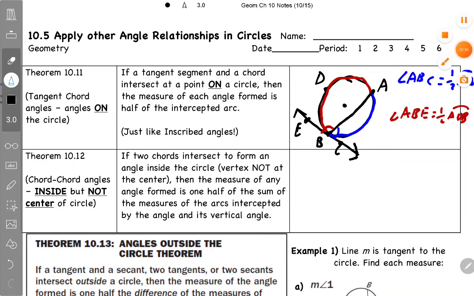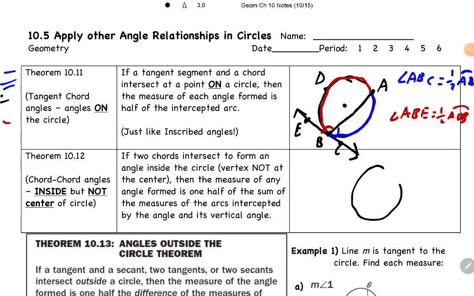Alright, the next theorem. So let's draw another circle, and here's the center.